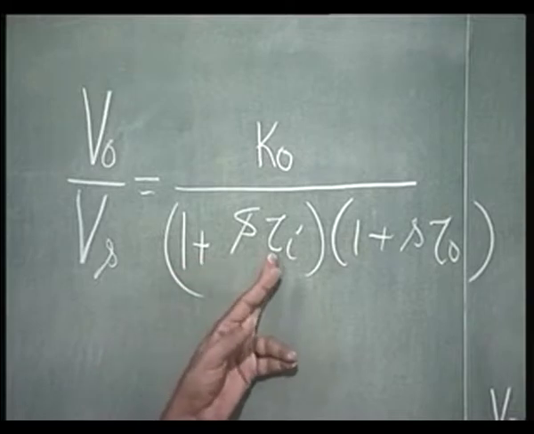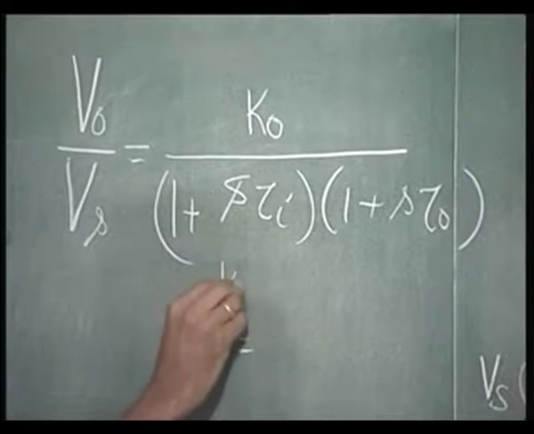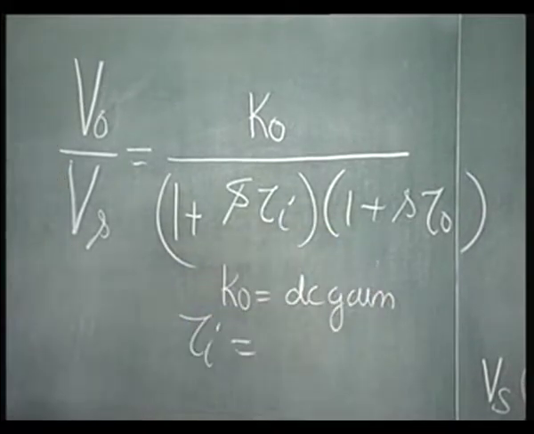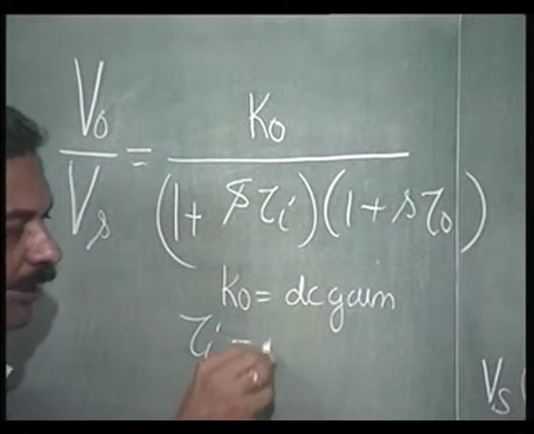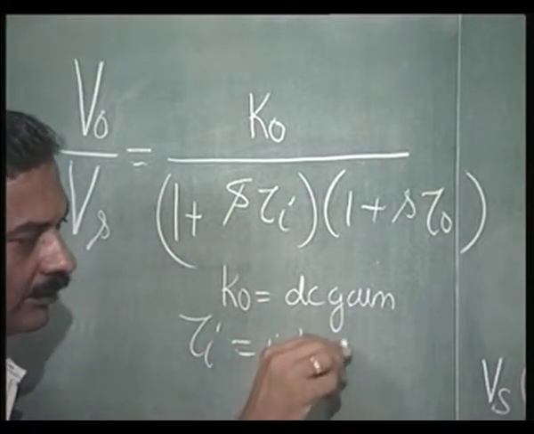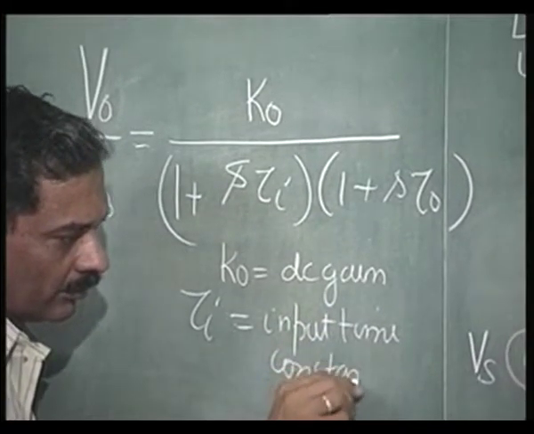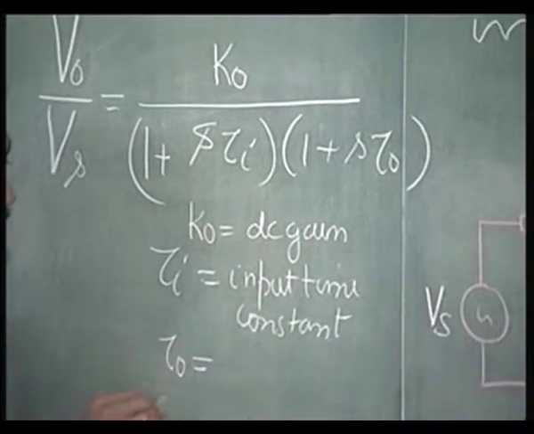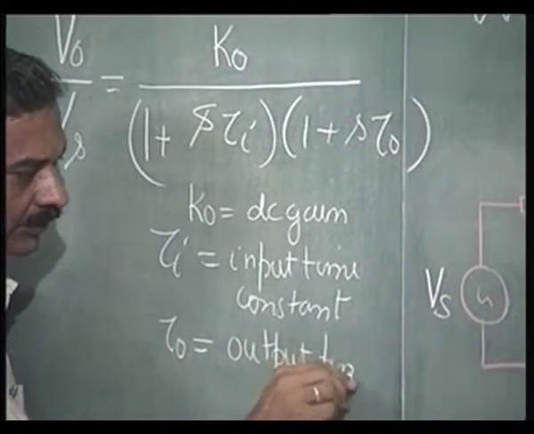Tau I is the input time constant, K naught is the DC gain, independent of frequency, right? And tau naught is nothing but the output time constant.